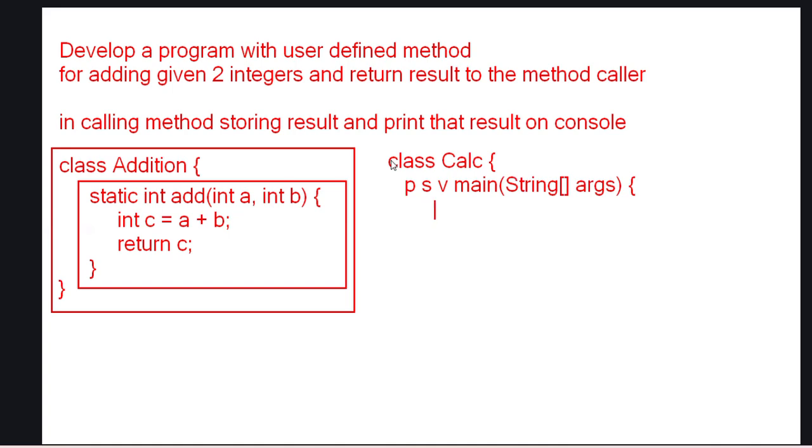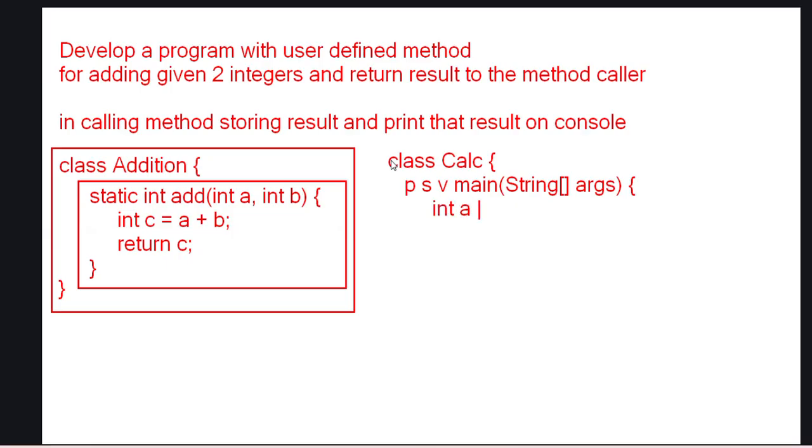Next, what to do? I should call the Addition class add method. To call it, I should pass 2 arguments. I should read those 2 arguments, right? You can pass your own fixed values from the main method, or ask the user.